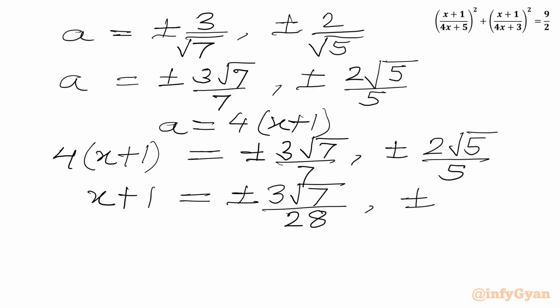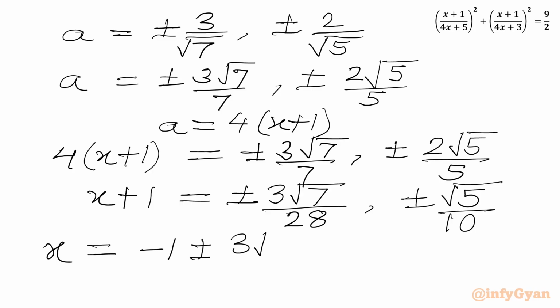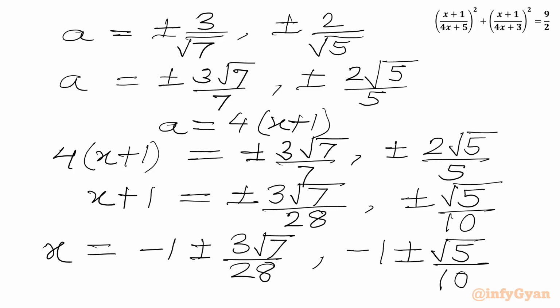Here I will be writing ±2 root 5 over 20, which we can write as root 5 over 10. Now we have to subtract 1 to get our final answers. So I will write x will be equal to −1 ± 3 root 7 over 28 and −1 ± square root 5 over 10.